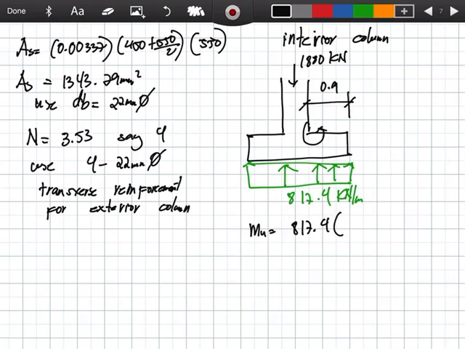Okay, 817.4 times 0.9 over 2. 0.9 times 0.9. 0.9 times 0.9 over 2 times 817.4.